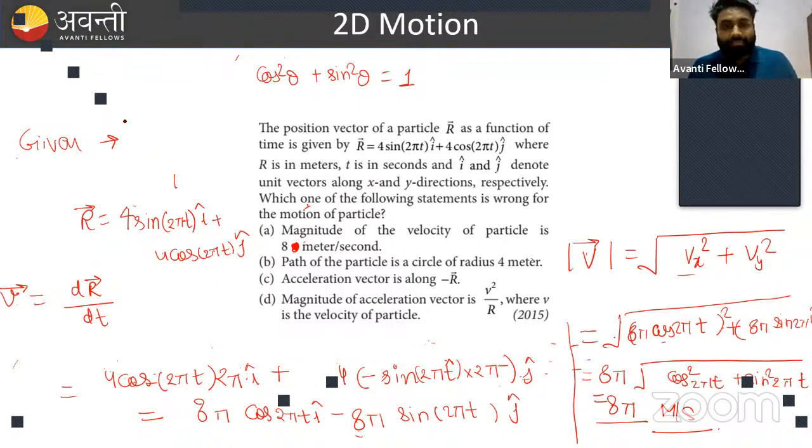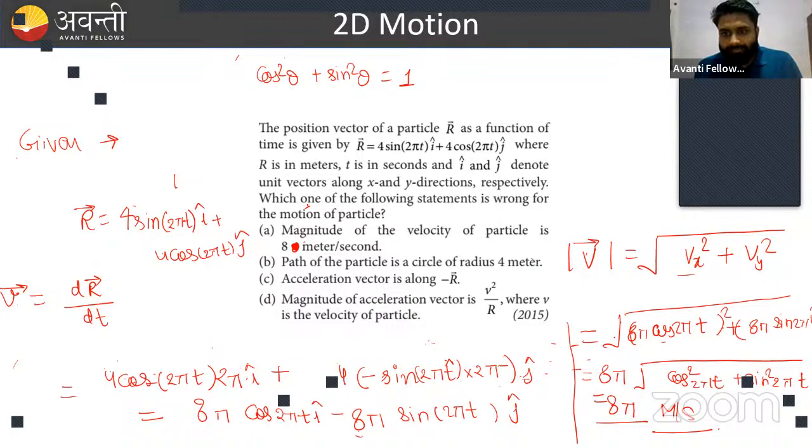So that is why in those types of questions you just have to read the question when you get the solution. Okay. So here the question asks ki, which of the following statements is not correct.